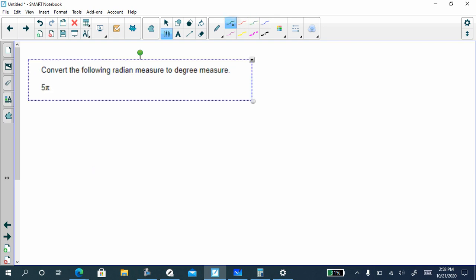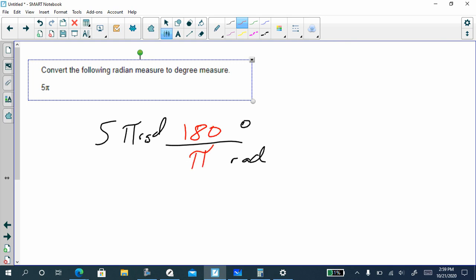If we take 5 pi, let's convert that into degrees. If it doesn't say radians, but it's an angle, if there's not a degree symbol, it's understood to be radians. So if we have radians on top, we need to put radians on bottom, and we're changing to degrees. So 180 degrees in pi radians.